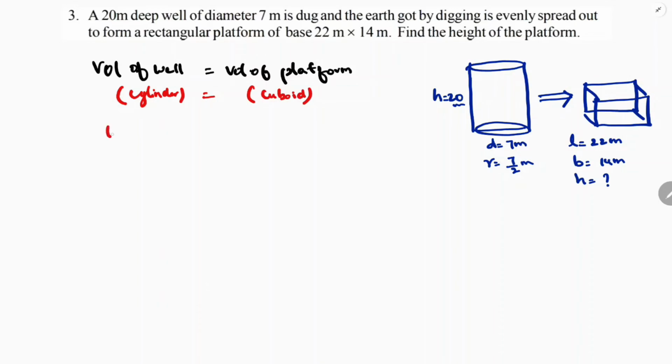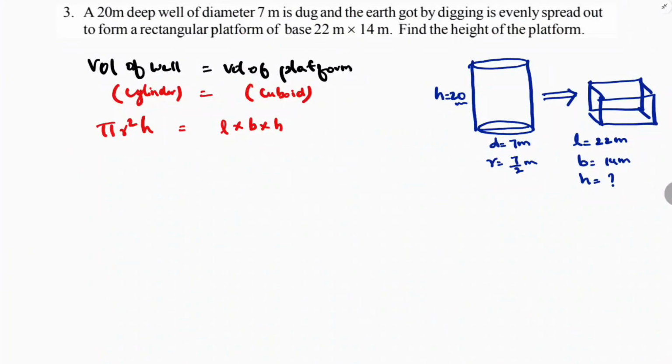So if I write the formulas, pi r square h equals L into B into h. Now if I substitute the values here, 22 by 7, radius of cylinder is 7 by 2 into 7 by 2 into height is 20, length is 22, breadth is 14, we need to find height.